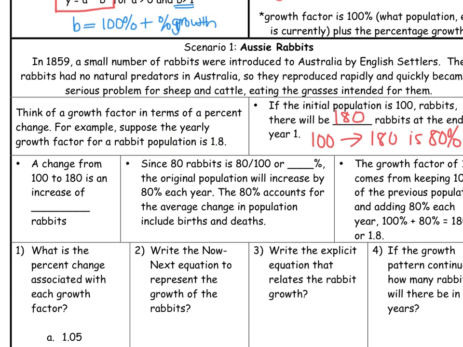So it would be an increase of 80 rabbits, and since 80 rabbits is 80 out of 100, we can call that 80%. So this growth factor of 1.8 is 100% plus the 80% increase.